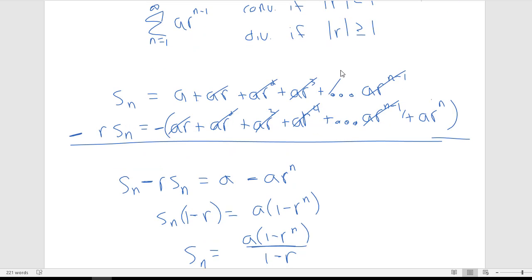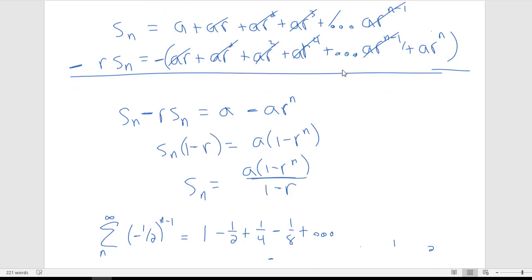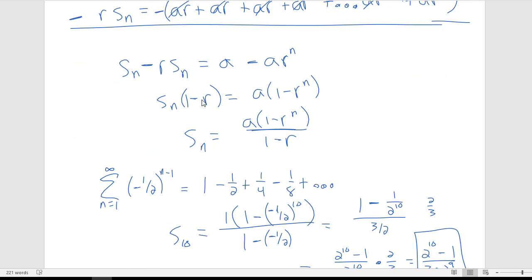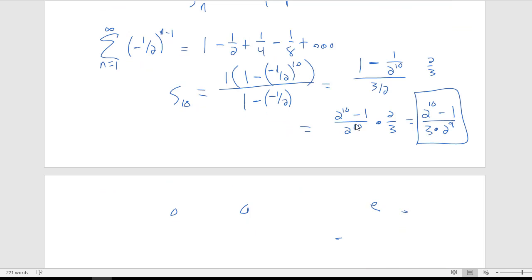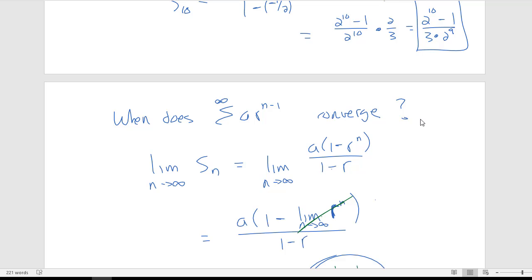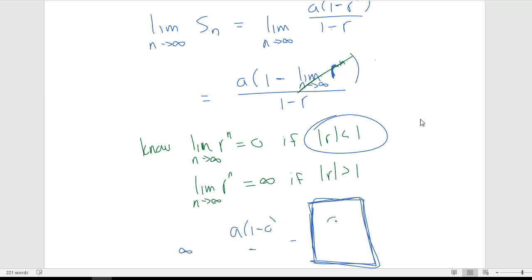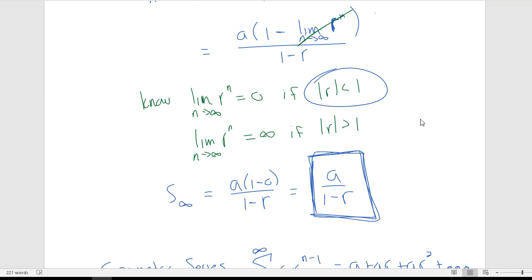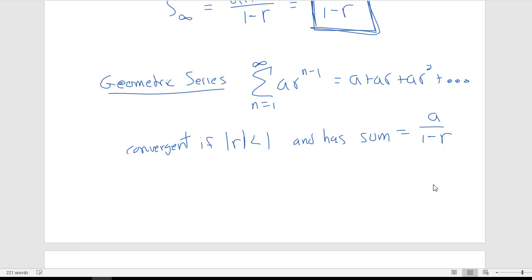We developed the formula that gives us the sum of the n terms in the series, our nth partial sum, like we've been talking about all along, and then when we took the limit as n goes to infinity, we saw that that became a over 1 minus r. That was the sum of my infinite series, a over 1 minus r, right? So as long as the series converges, as long as |r| is less than 1, then my geometric series has a sum of a over 1 minus r. And then there's us writing that summary.